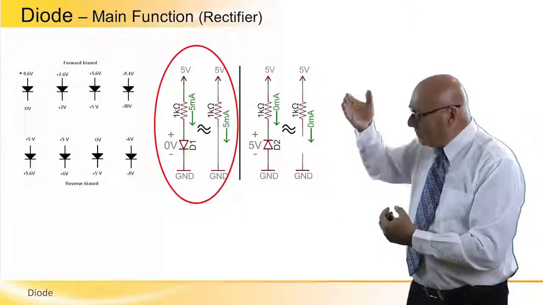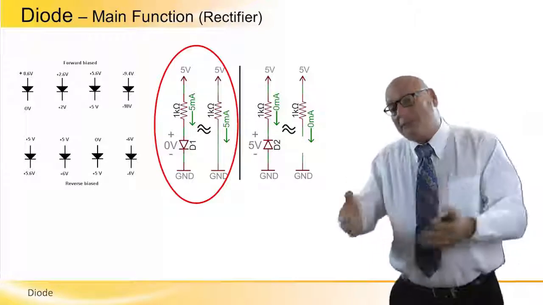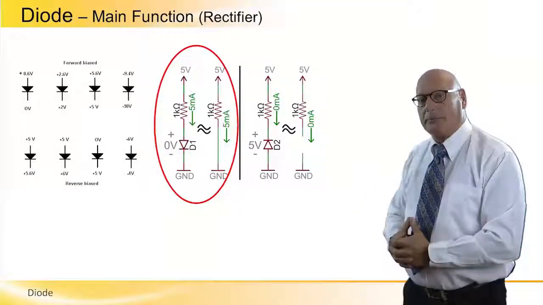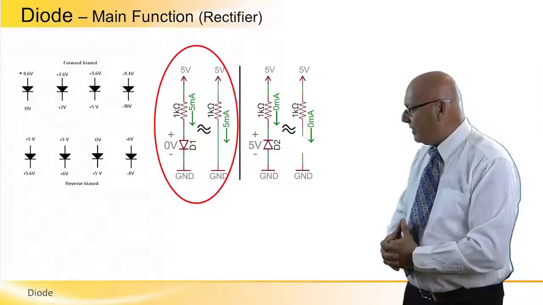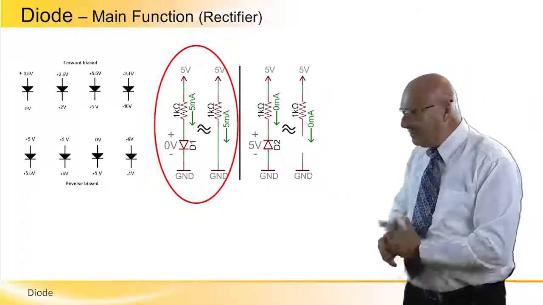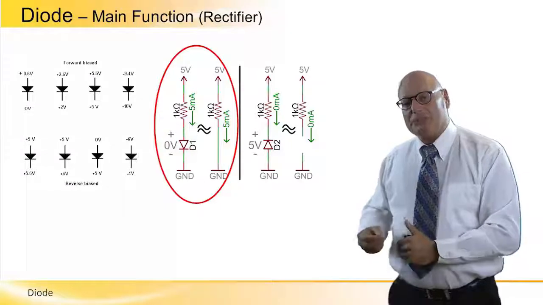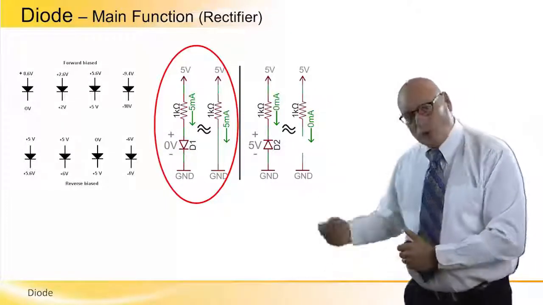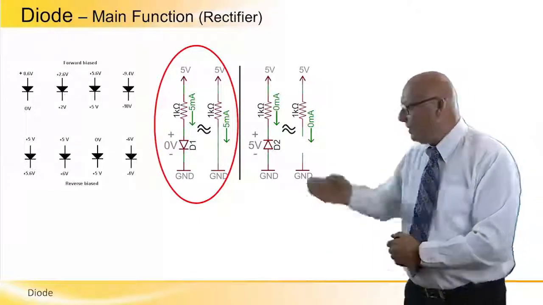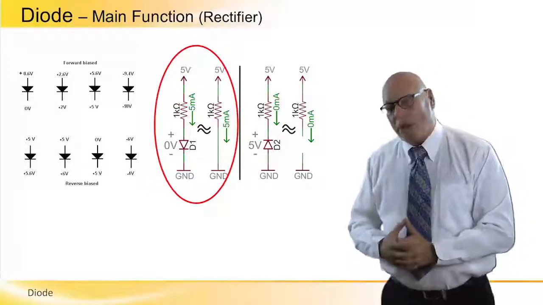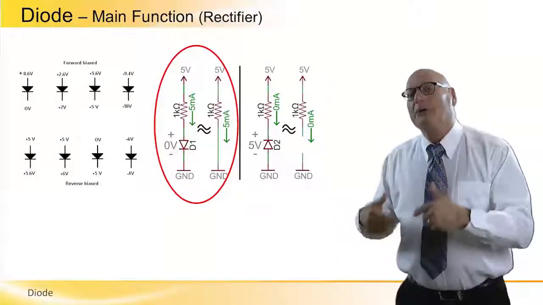Visibly, we can see that the diode disappears and there's a short instead. So it is equivalent, ideally, to a 5 volt supply through a 1K resistor through a short down to ground, and the current can flow. Why? Because it's forward direction.